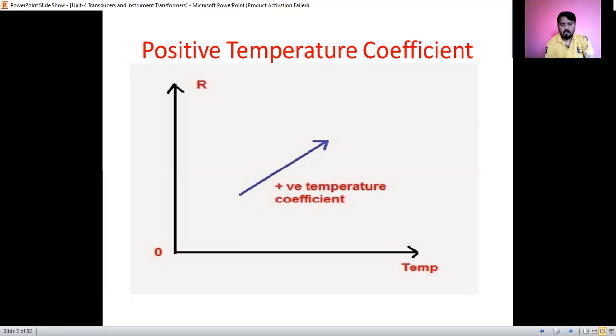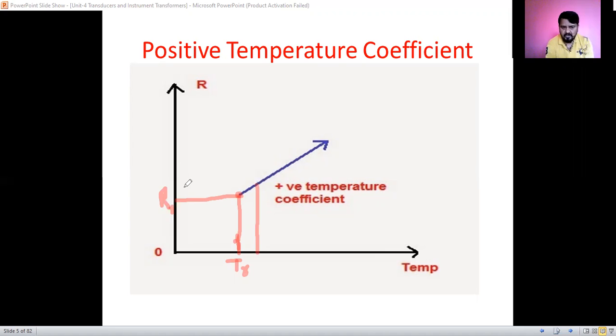At the initial condition, the reference temperature is considered here. This is T reference and this is R reference. After this, I will increase the temperature a little. When the temperature increases, should the resistance increase or decrease?